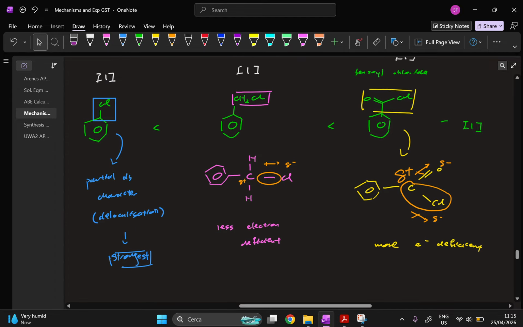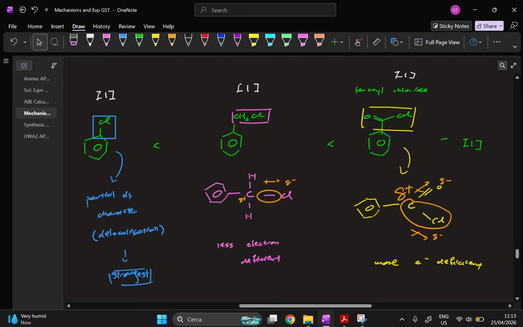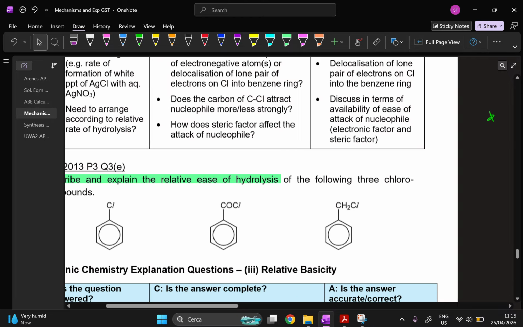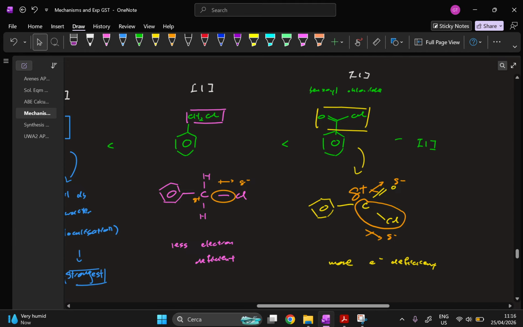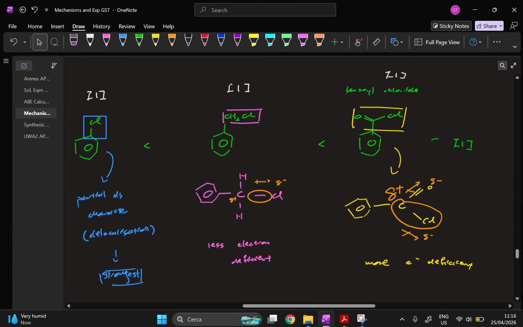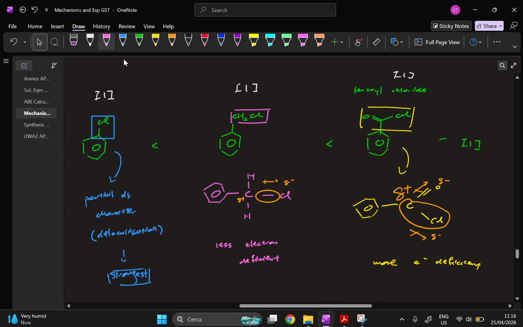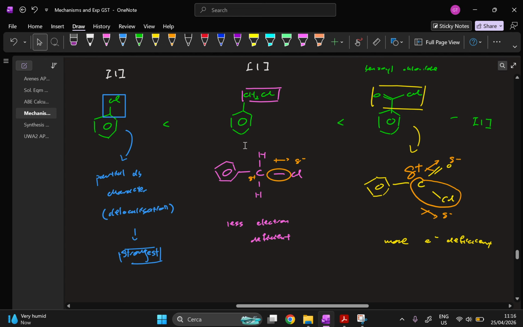And this nucleophilic attack is what causes the C-Cl bond to cleave, which is what we call ease of hydrolysis, basically. And actually, now that I'm talking about it, I'm just going to elaborate a bit on the steric factor. But I think this should be quite intuitive to us now that we've covered so many mechanisms in organic chem. This one, what's the geometry about the delta plus carbon? This is tetrahedral. This one, what's the geometry about the delta plus carbon?